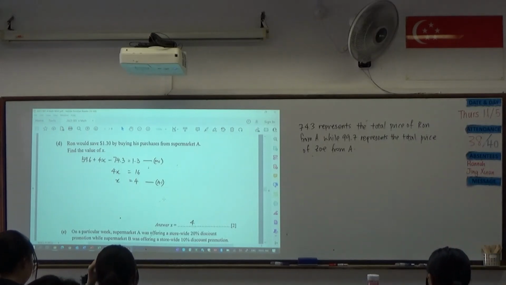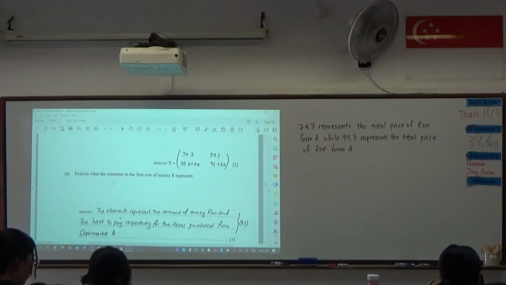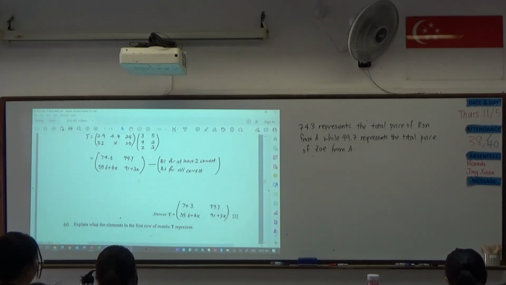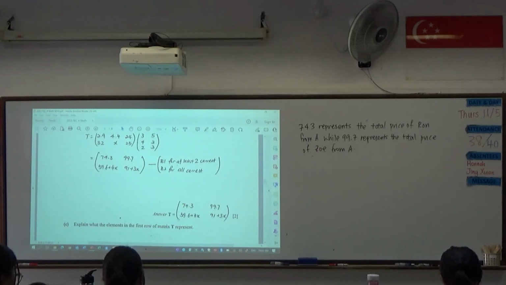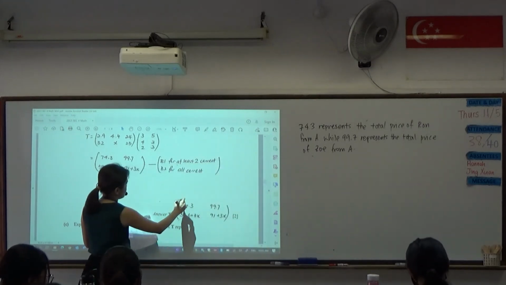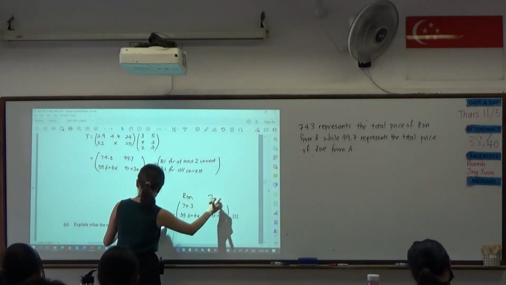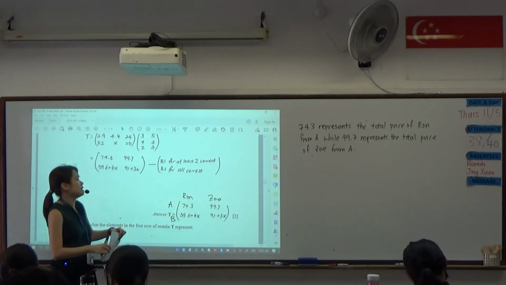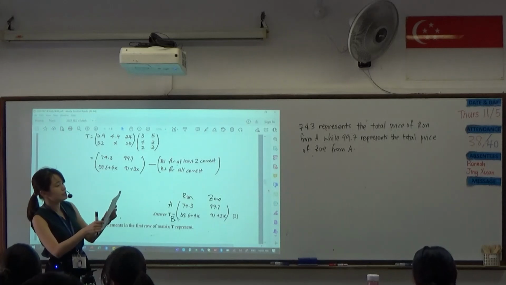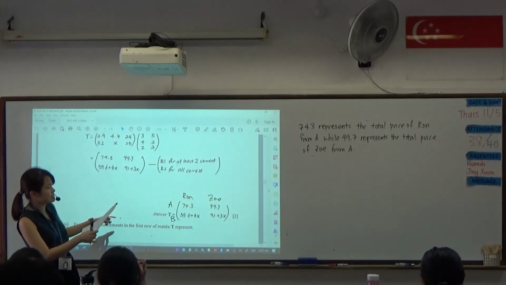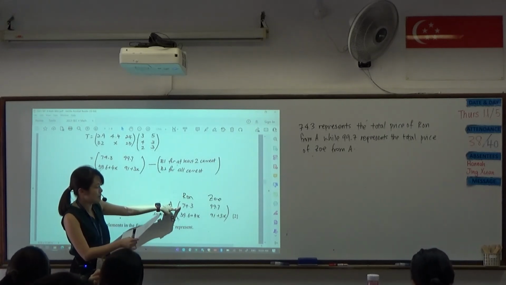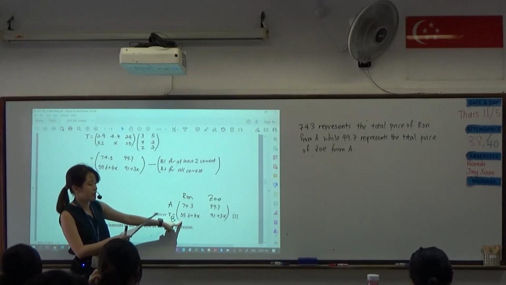That means comparing the values that we got in part B, whereby this element here represents, to understand this matrix, it is supposed to be Ron, Zoe, A and B. So this is the price that Ron has to pay at supermarket B, and it says that he would save $1.30 by buying his purchases from supermarket A. So this amount is actually lesser than this amount.